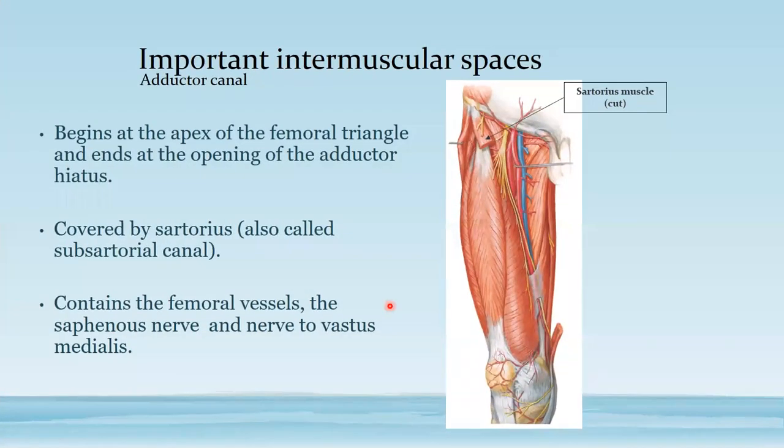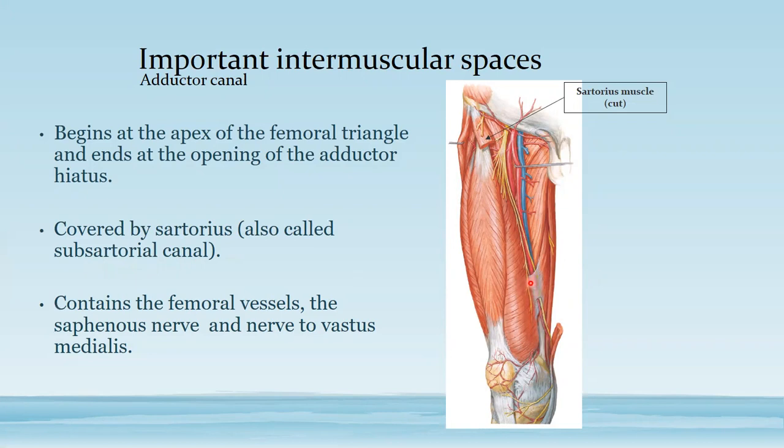Now the second space is the adductor canal. The sartorius muscle has been cut in this picture, exposing the adductor canal. Because of that, it is also known as the subsartorial canal, as it is located behind the sartorius muscle.